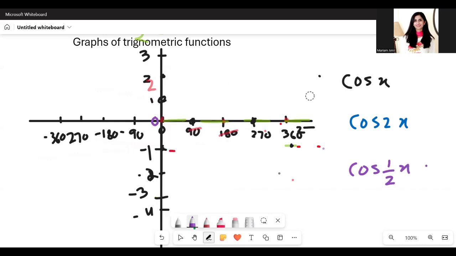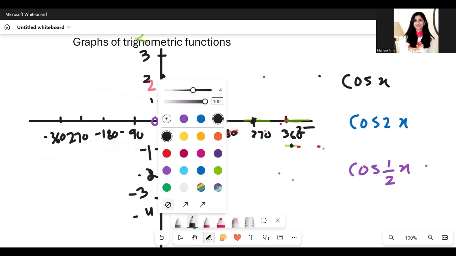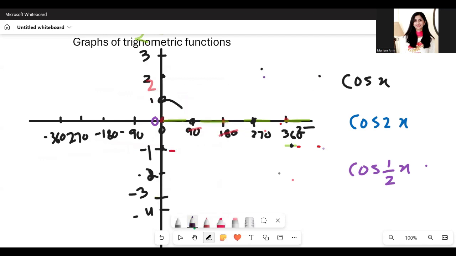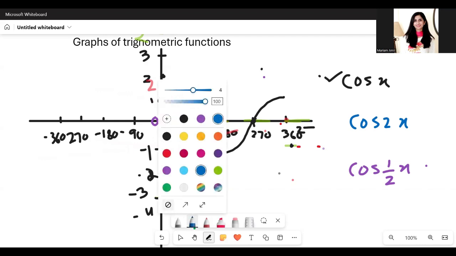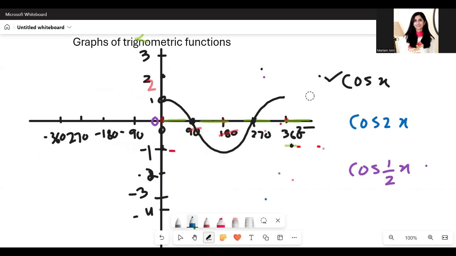Okay, so cos x is the same old graph between 1 and minus 1, which goes something like this. That's cos x. Now let's draw cos 2x, which is a stretch parallel to the x-axis with scale factor half.